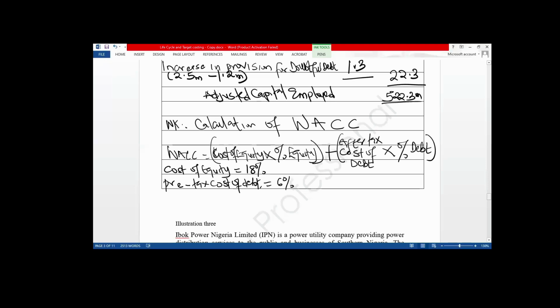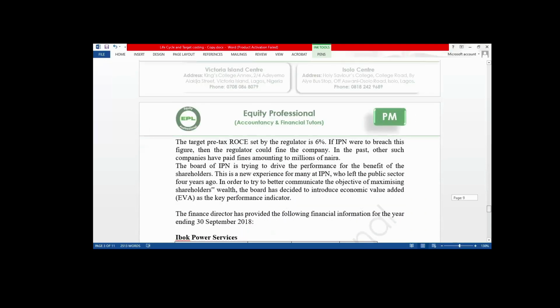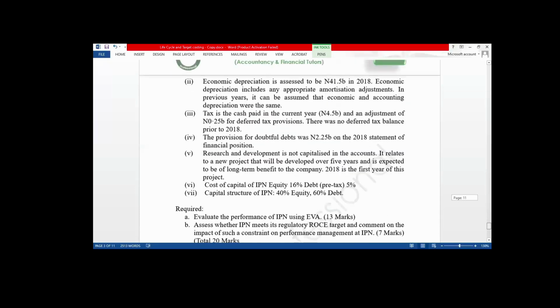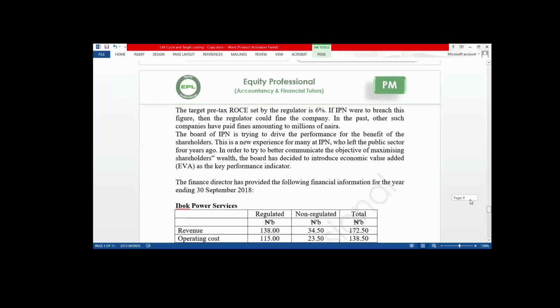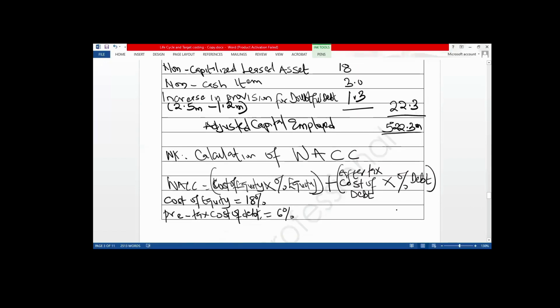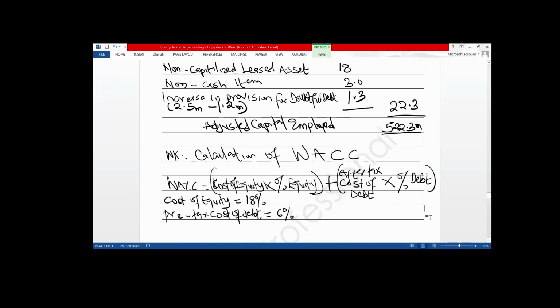Just 1 minute. Let's see if we can expand this. Otherwise, we continue like that. If it's not a problem. Let me see if I can expand this.